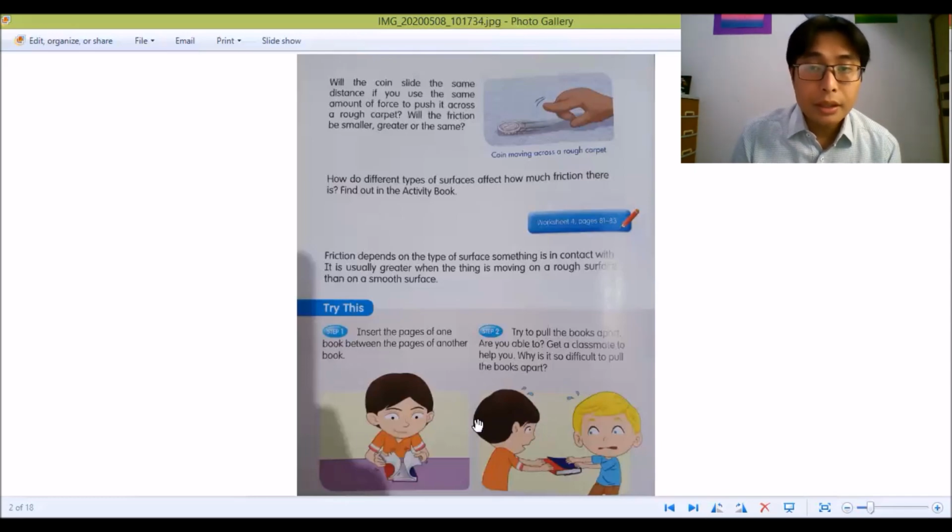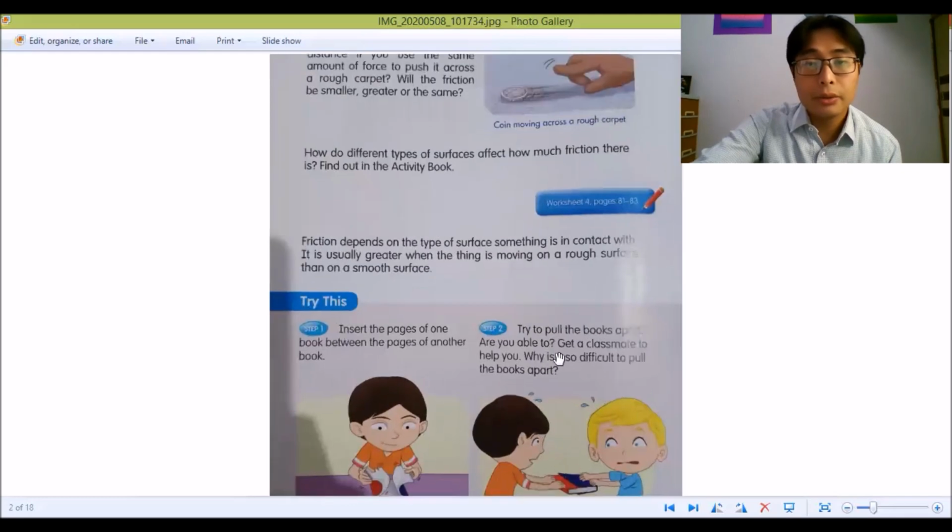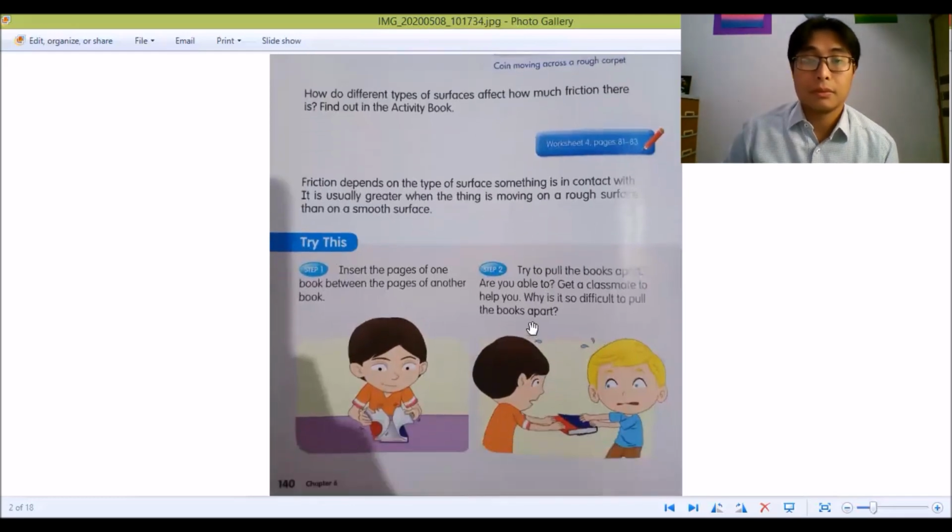So this one, try this. You can do it at home. Get two books and try to put them together. Insert the pages of one book between the pages of another book. And then try to pull the books apart.